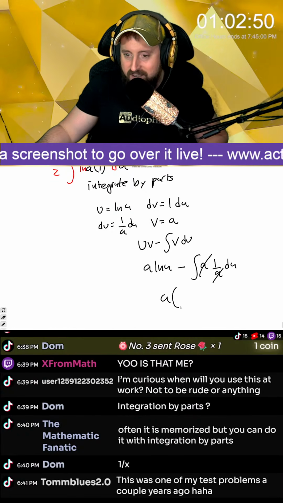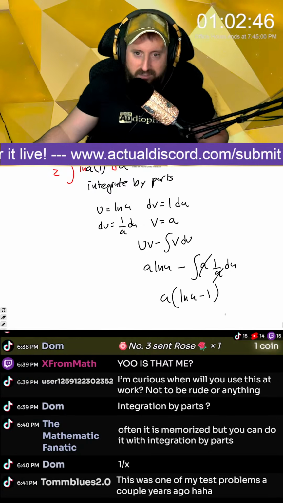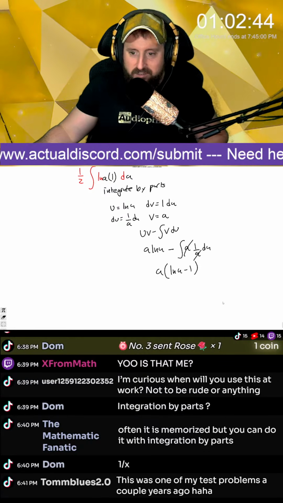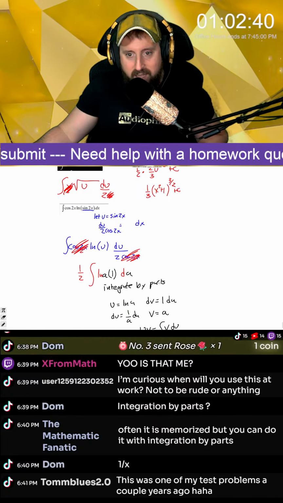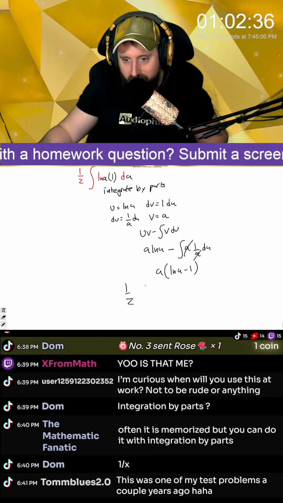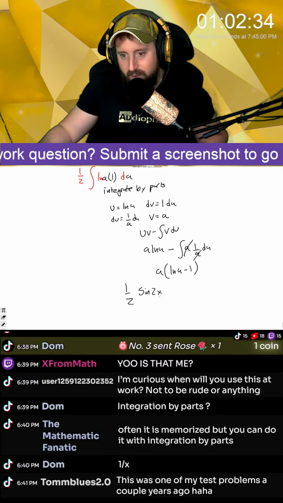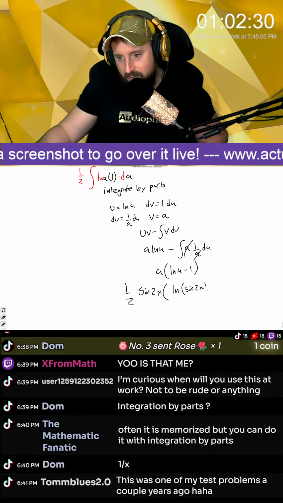So you get a ln of a minus 1. Is that right? Okay. So it's 1/2 and then a, but a is also u, and u is sine 2x. So we're going to say 1/2 sine 2x, and then it's ln of sine 2x minus 1.